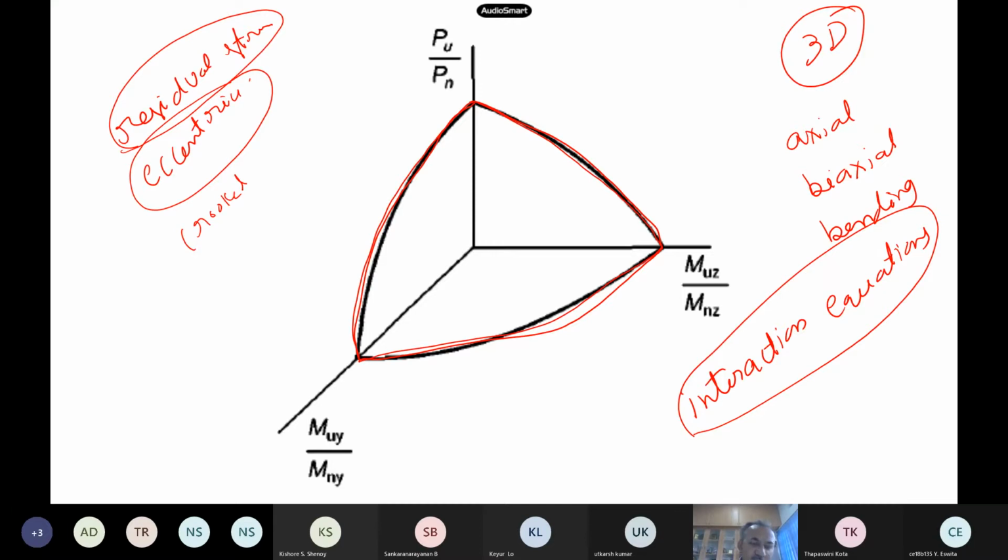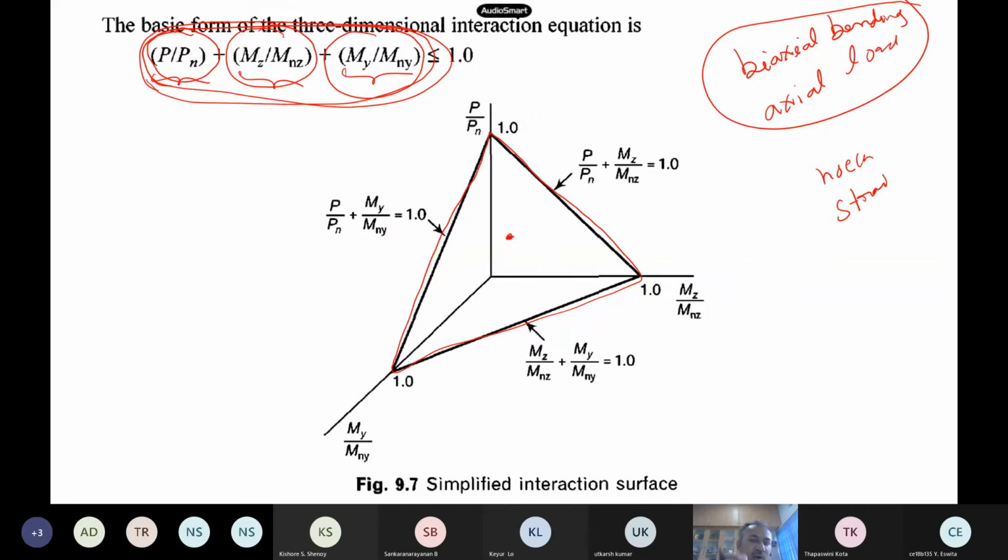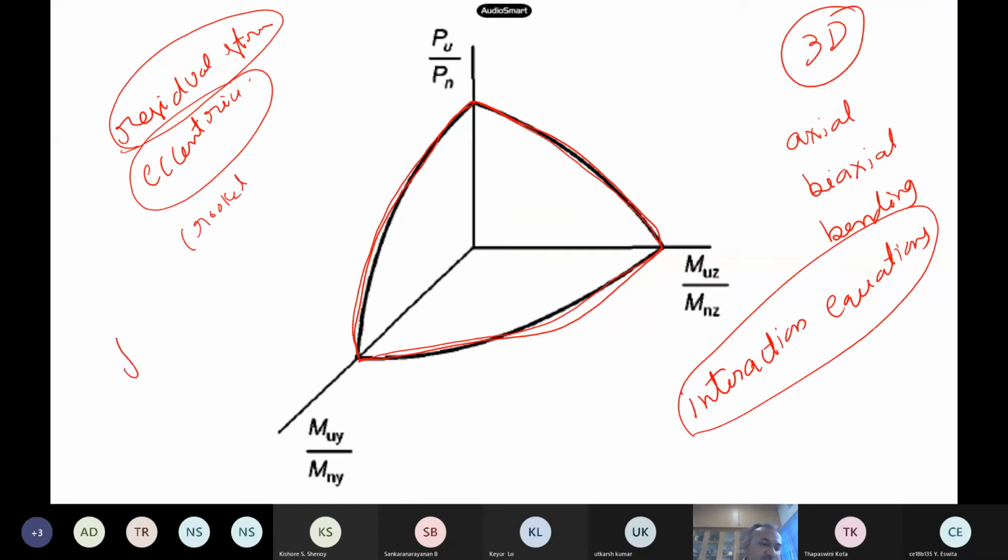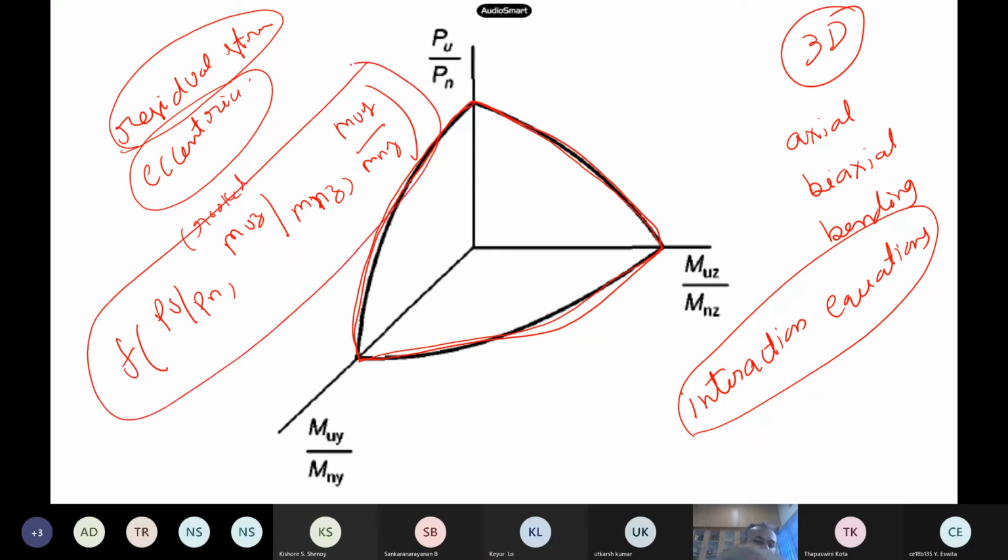But this is very difficult to see. So this is exact, and it will be a non-linear function of Pu by Pn, Muz by Mnz, and Muy by Mny. It is a complicated function.